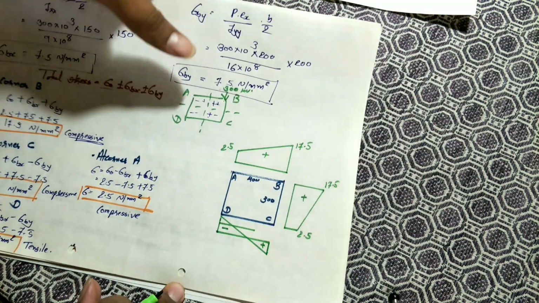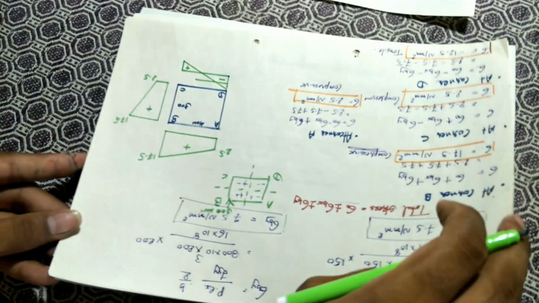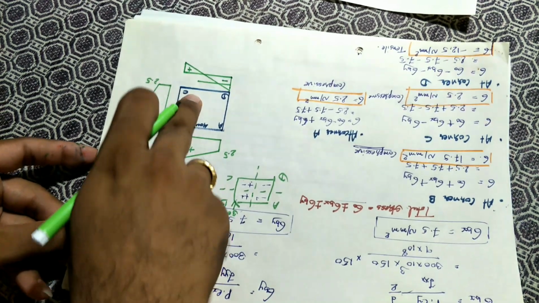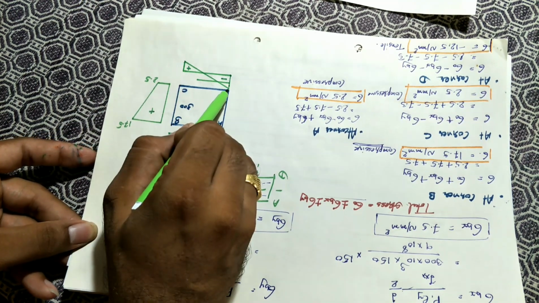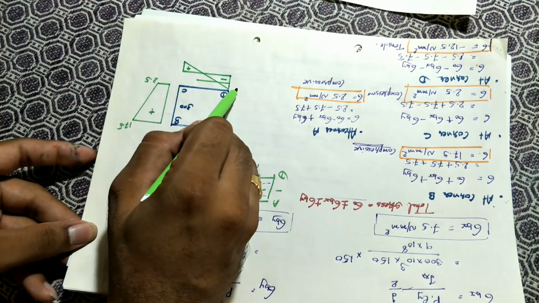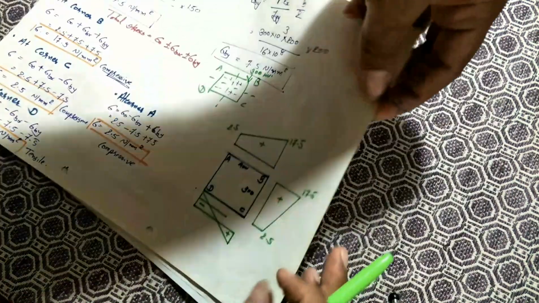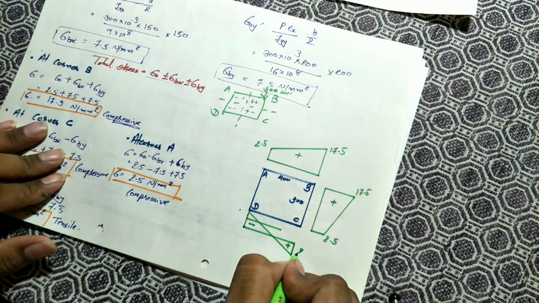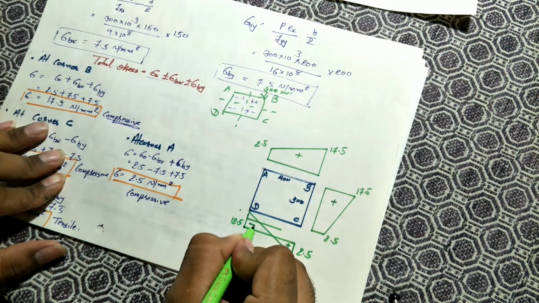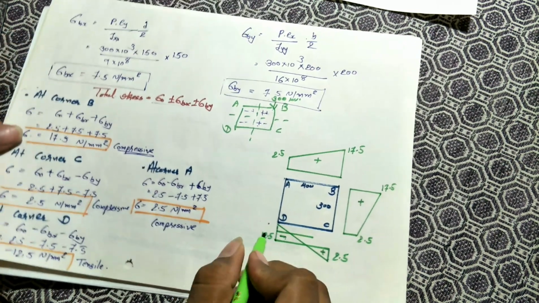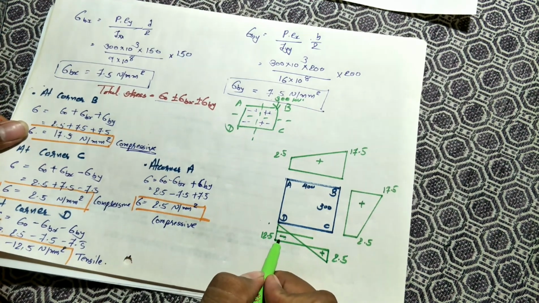How is this minus and plus? If you look at from this side, this is your CD portion, where this is your reference line, where upward is positive and downward is negative. This is your 2.5 and then this is your 12.5. So we'll write over here, this is 2.5 and this is 12.5, but a minus value. Remember that this is a minus value.